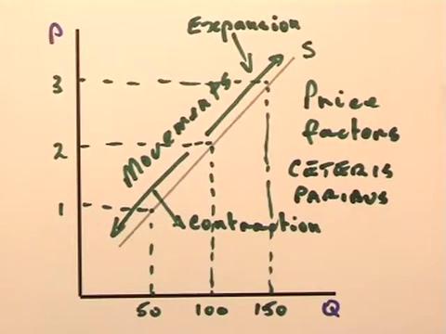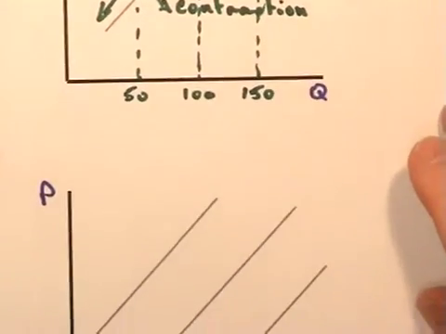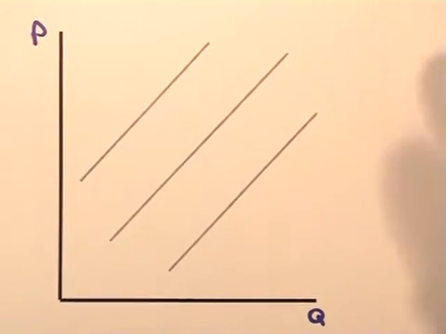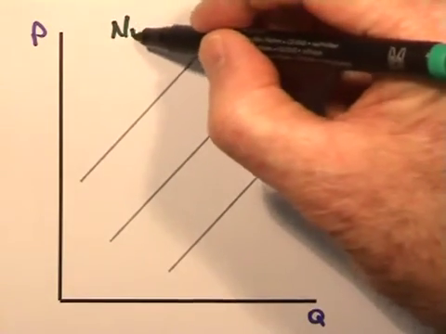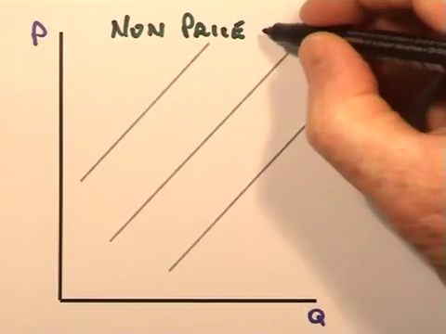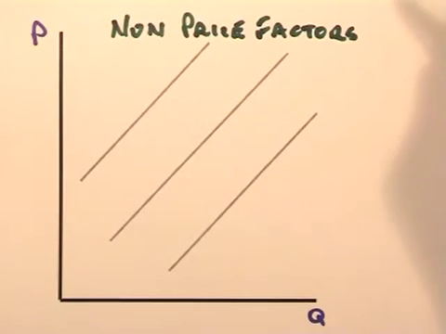As is the same for demand, so supply also has a situation whereby it is not just price factors, we also have non-price factors. And they're not dissimilar to the non-price factors that affected what happened in demand.